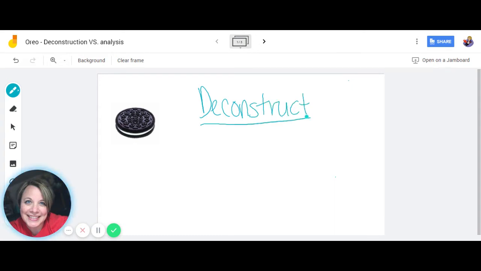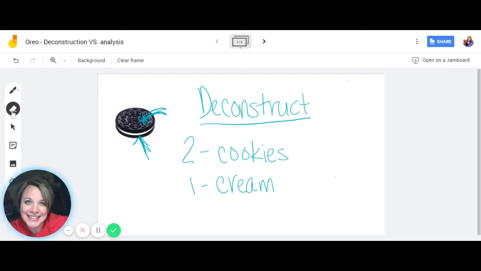That means we're going to break it into its pieces. So you have this outside part here, and you have this inside part here. So to deconstruct it, you have two cookies, and we're not describing them in any way. You have two cookies and one blob or lump of cream, okay? That's deconstruction. All we did was break it into its pieces, okay?